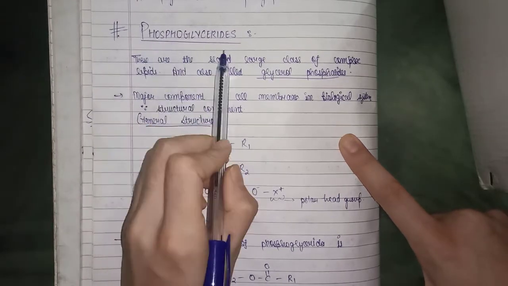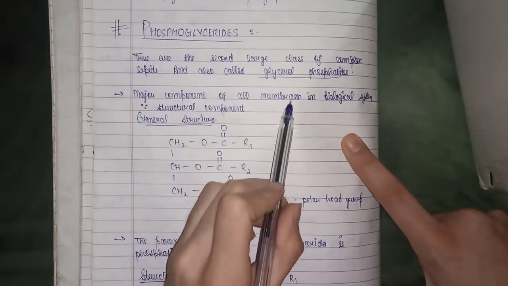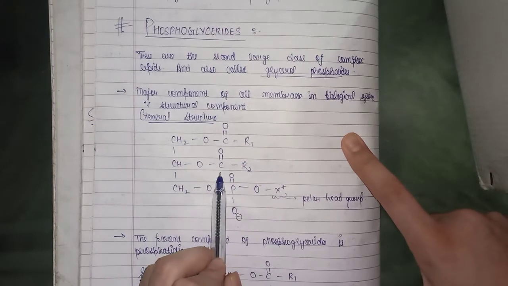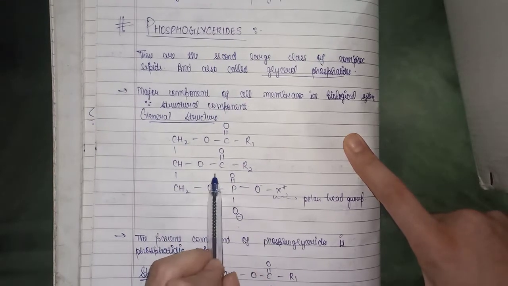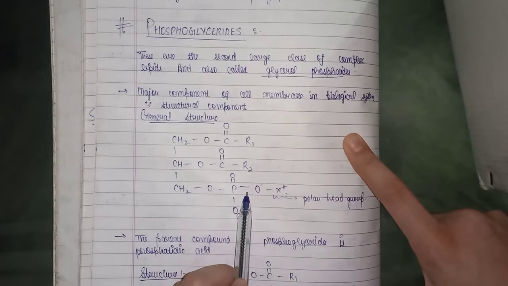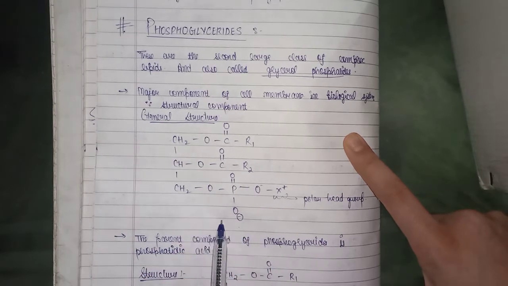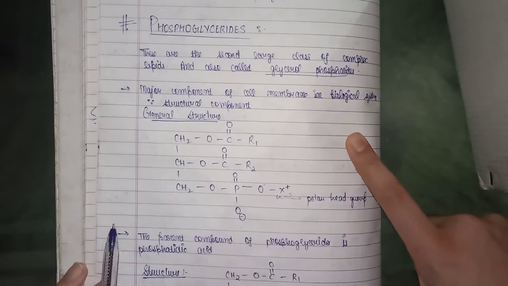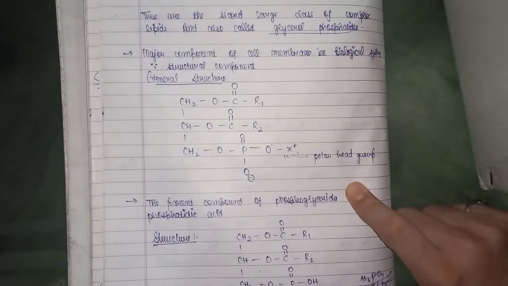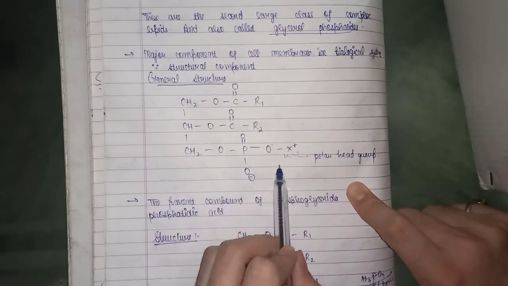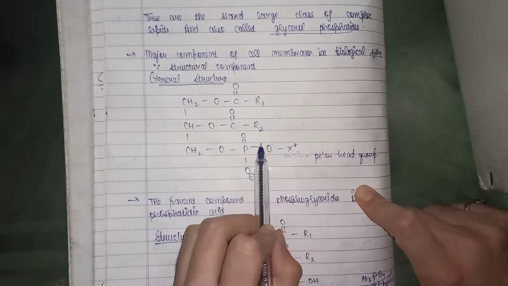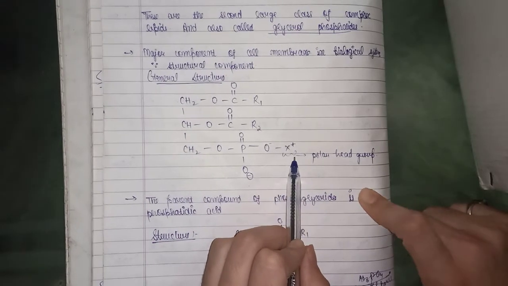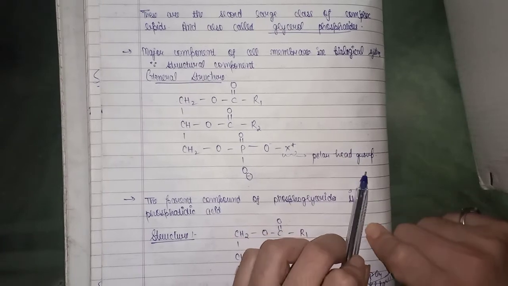Phosphoglycerides are just triacylglycerides in which one of the hydrocarbon chains is replaced with this polar phosphate group. Here this is the phosphoric acid component, in which this group is known as the polar head group.